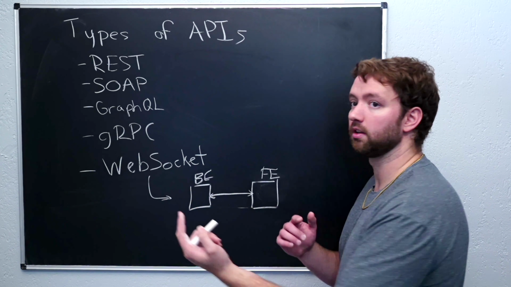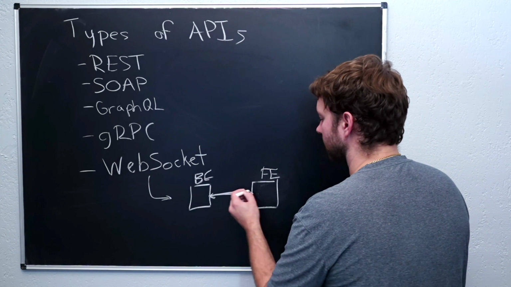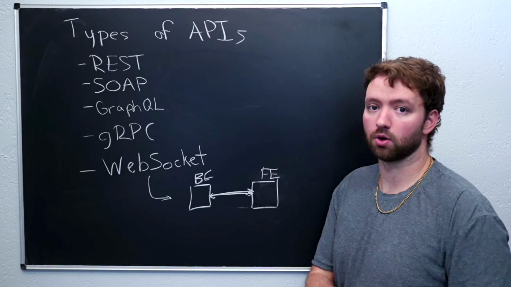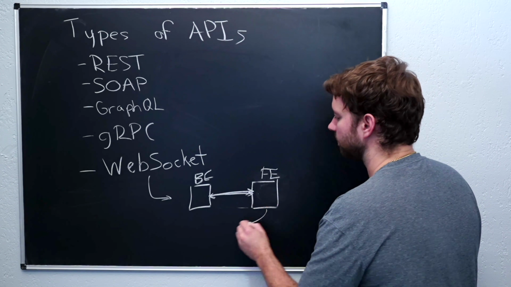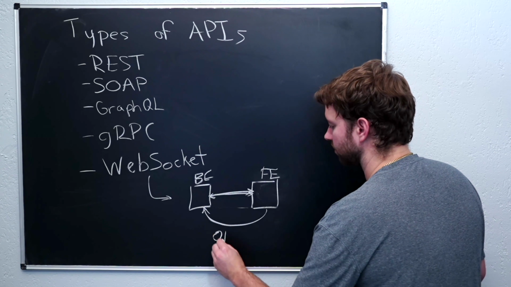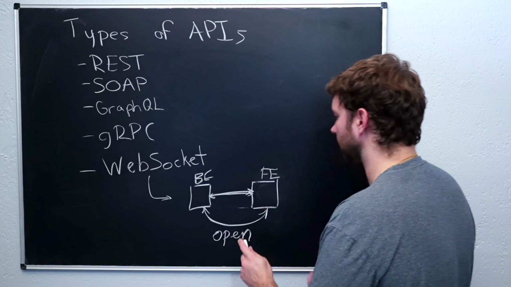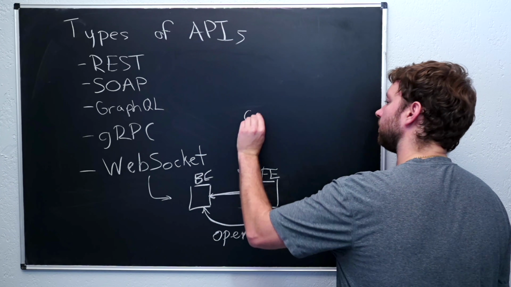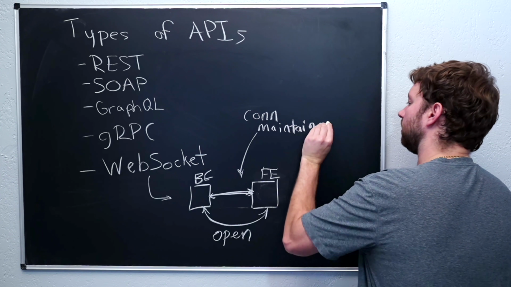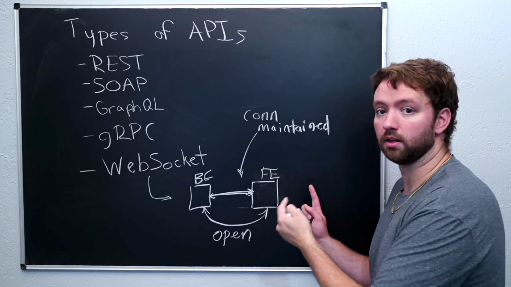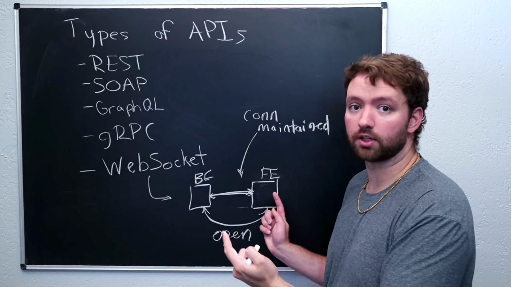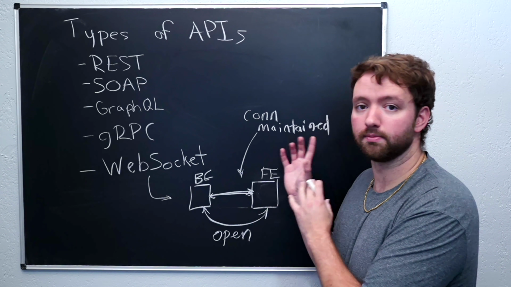But with WebSockets, the backend can also send data directly to the front end without a request. Basically, the way this works is the front end opens a connection, and then that connection is maintained, and the communication can then happen from either direction as long as that connection is maintained.